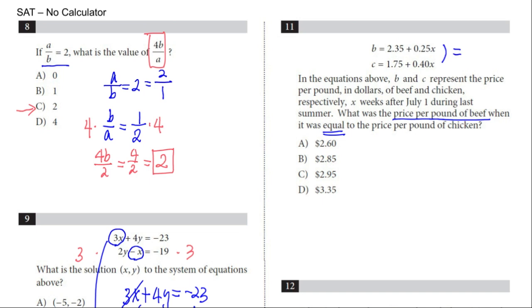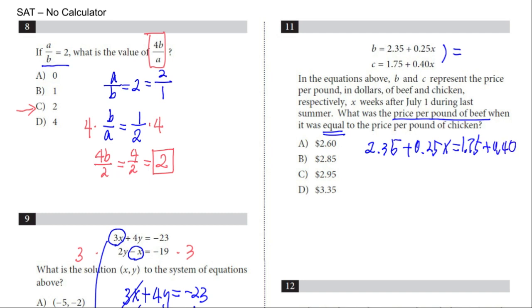These two things must be the same value, right? So let me copy 2.35 plus 0.25x equals 1.75 plus 0.40x.